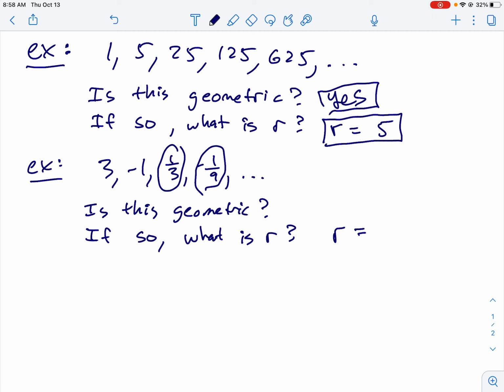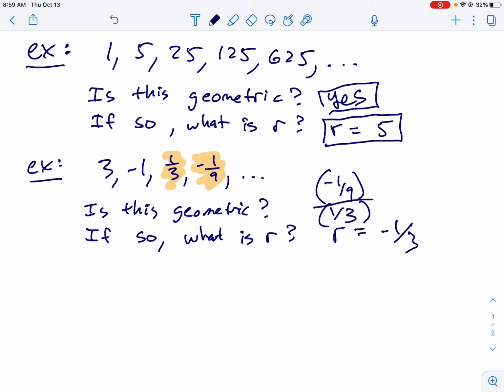The ratio would be -1/3, okay? Because no matter which of these you do, whether you do -1/9 divided by 1/3, or if you do 1/3 divided by -1 or -1 divided by 3, all of them give you the same ratio, -1/3.